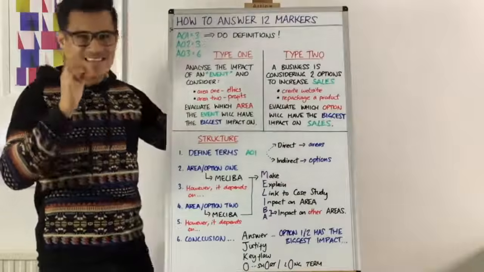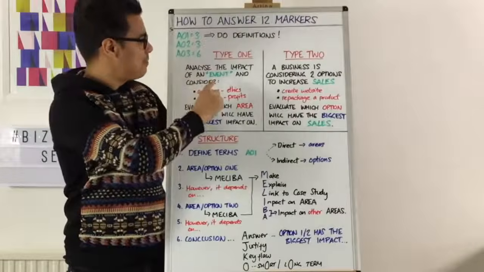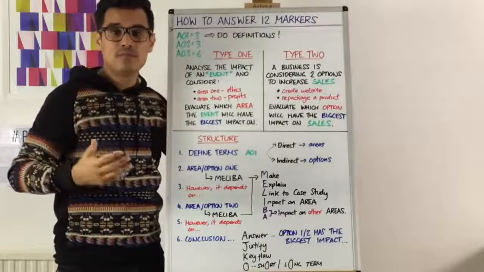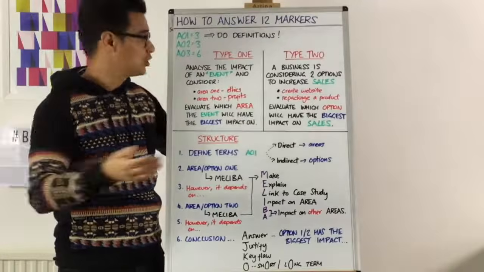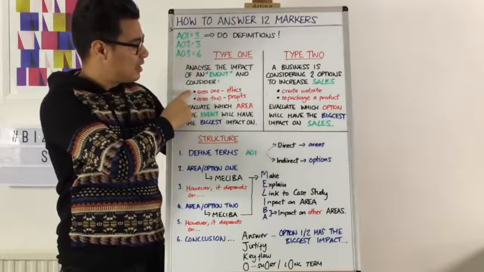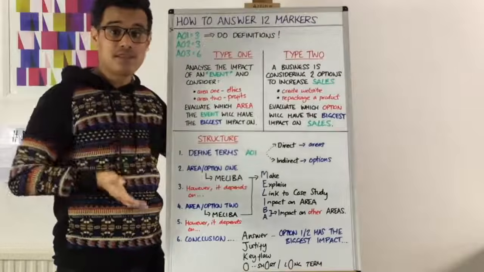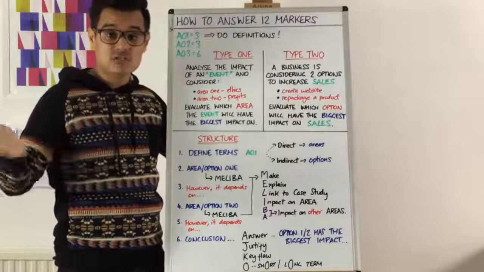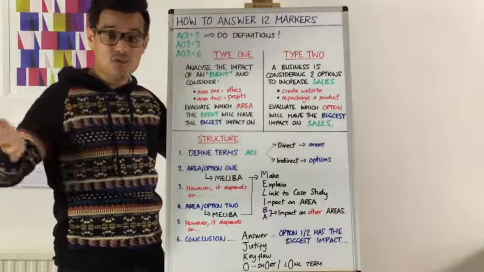12 markers, they seem to be coming in 2 types. Type 1, analyse the impact of an event. That event could be moving your factory abroad, for example, to lower the cost of production, and consider Area 1 and Area 2. In this question, it could be Area 1 is ethics, the ethical considerations, and Area 2 is profits, the implications for finances.